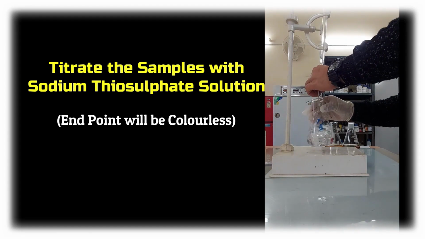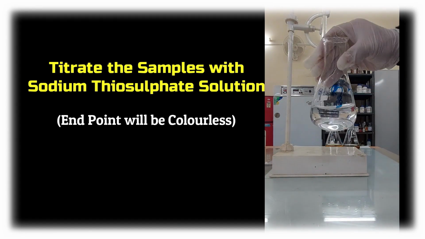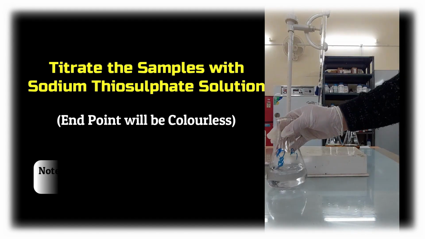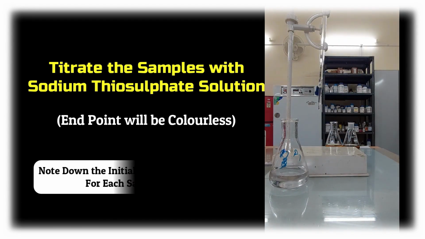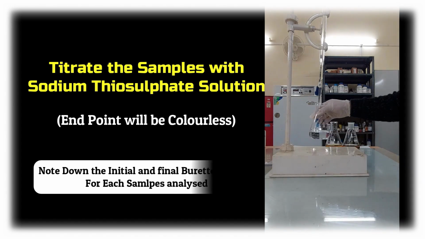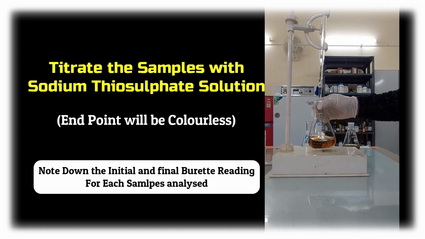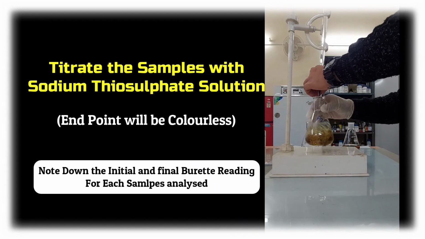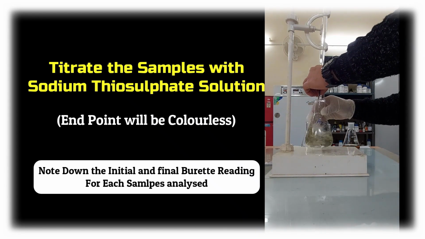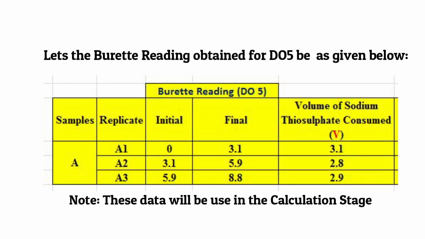Note down the burette reading before and after each titration, and this will give us information about the exact volume of sodium thiosulfate used, and repeat the same procedure for the other remaining samples or replicates. Let's assume that the data obtained from the titration is as displayed on the screen, and shortly this data will be used in the calculation stage.